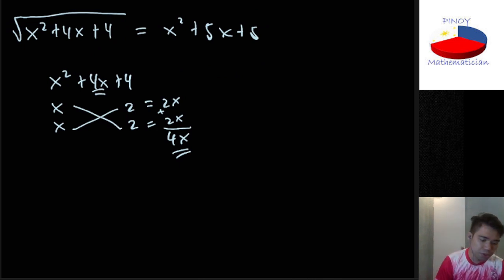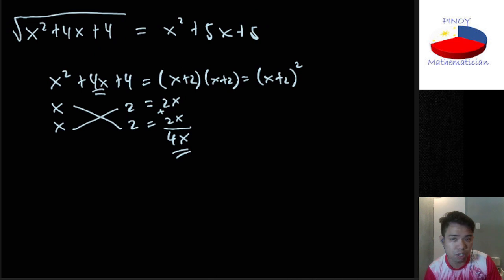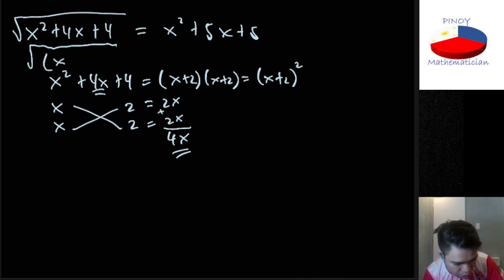So that's how you do factoring. That means the factor of x squared plus 4x plus 4 is x plus 2 times x plus 2, which is actually the square of x plus 2. That's the basic. So this one can be transformed into the square root of the square of x plus 2, and then we'll copy the rest.